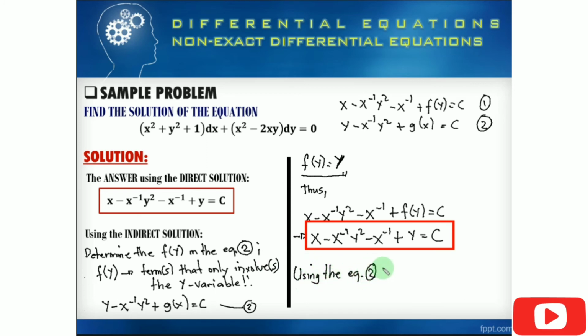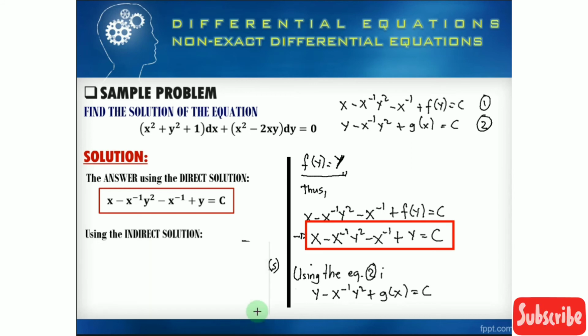So we have here equation number 2, y minus x raised to the negative 1 y squared plus j as a function of x is equal to c. After that we are going to determine the j as a function of x.